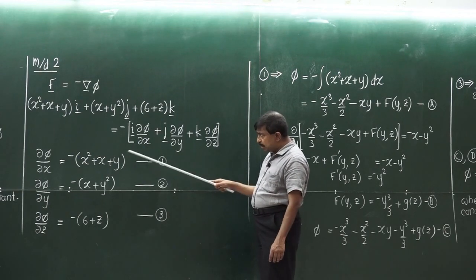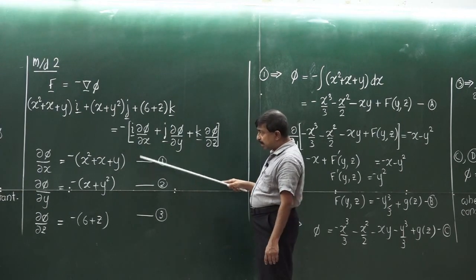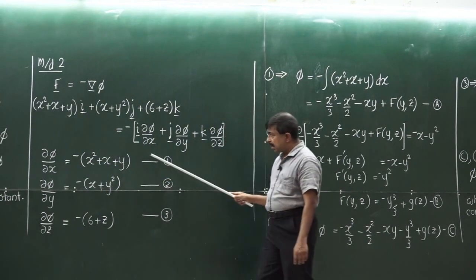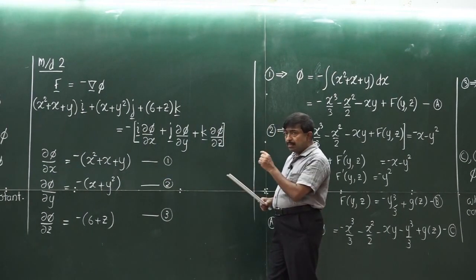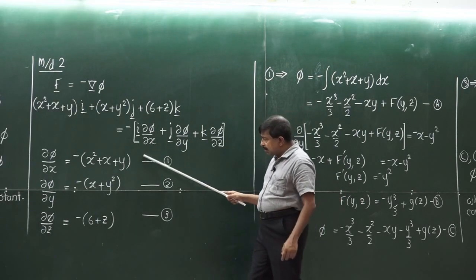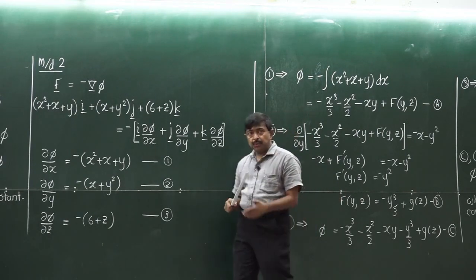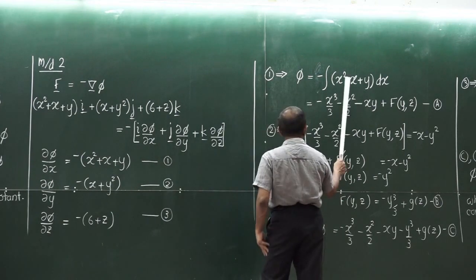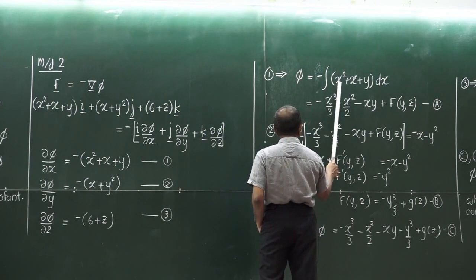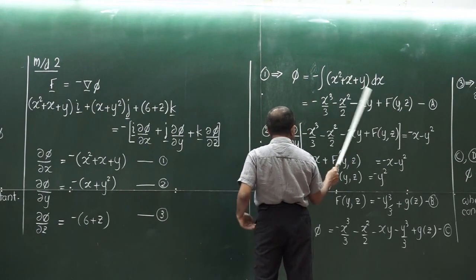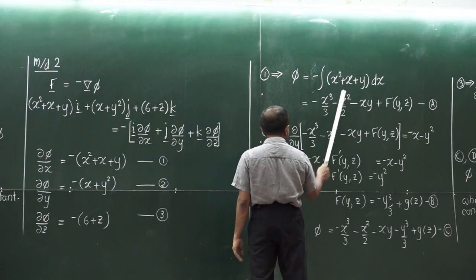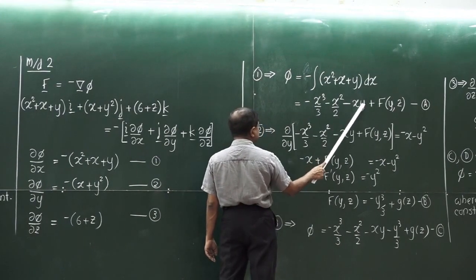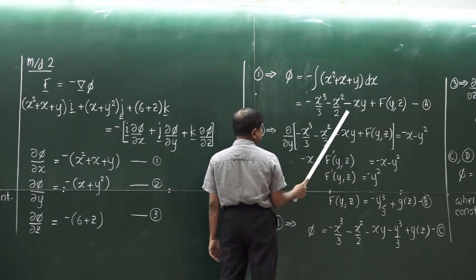You have to replace that unknown quantity. When you partially differentiate this, there will be an unknown quantity consisting of both y and z. Therefore, you integrate in x, leaving the other variables as constant. So, you have x squared over 2 minus yx, because y is a constant.